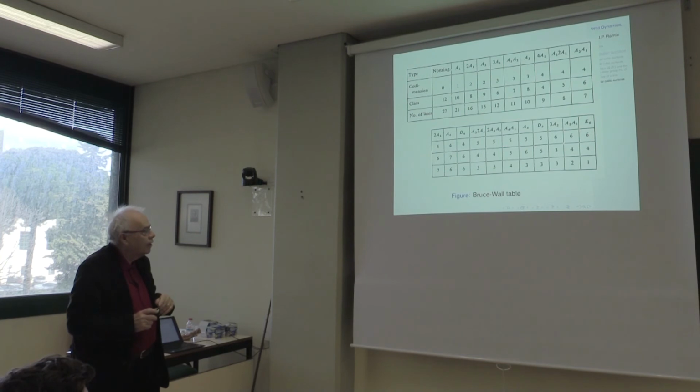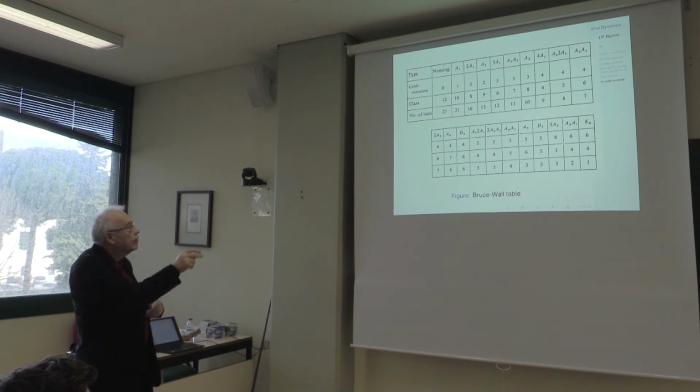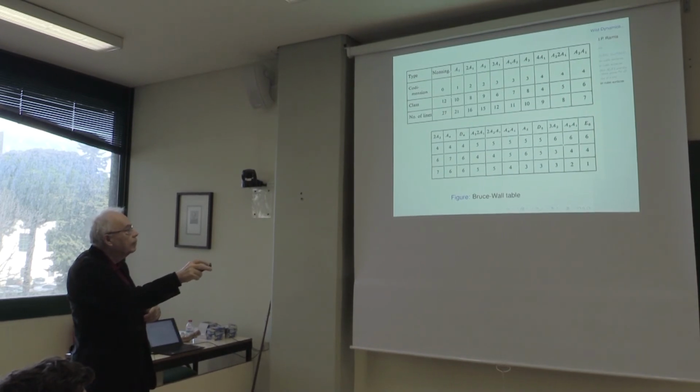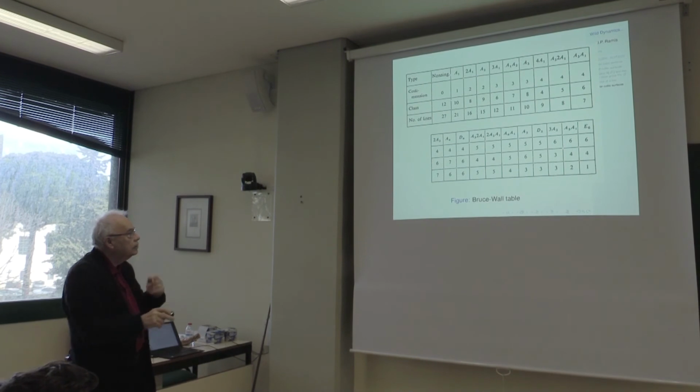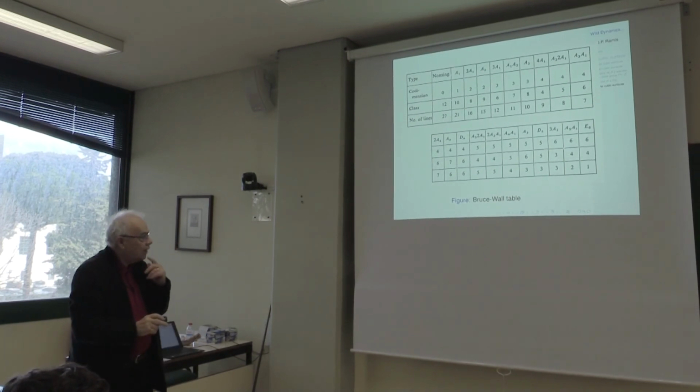So I have picked this table in the book of Bruce and Wall. So you see this is the smooth, non-singular case, 27 lines. Here are the numbers of lines. And this is the table.